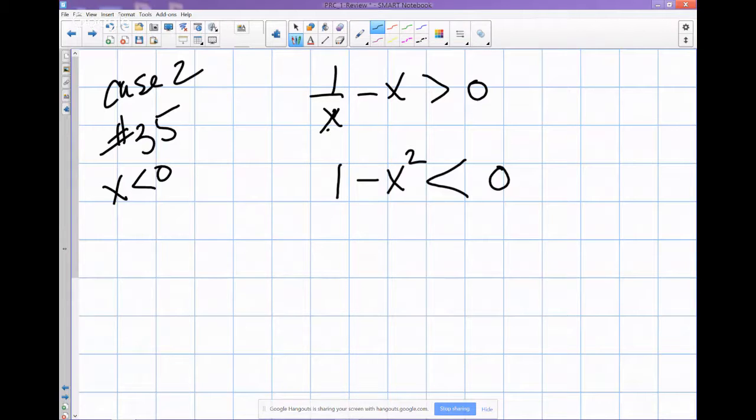So the algebra looks the same. We add x squared to both sides, but you notice this time x squared is greater. And when we solve it, we get x is greater than positive 1 and x is less than negative 1. And that is impossible.